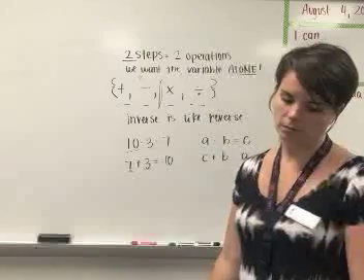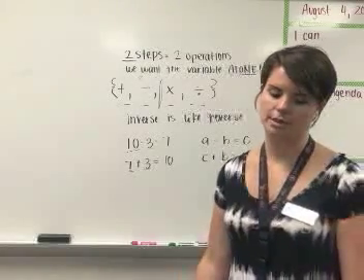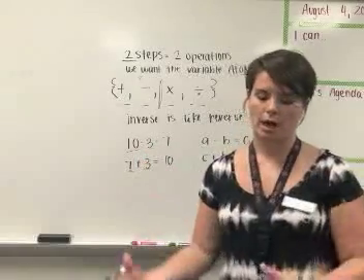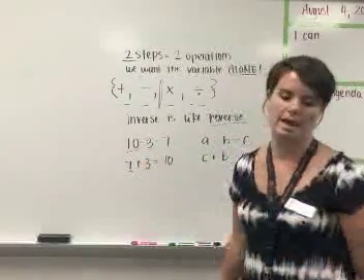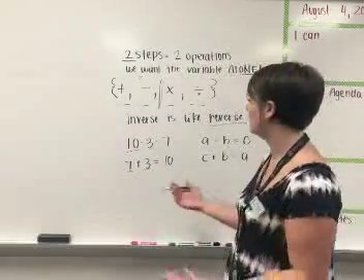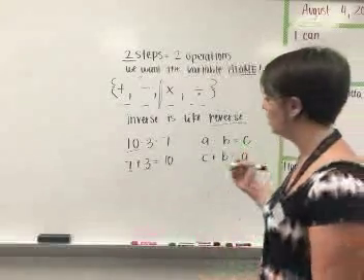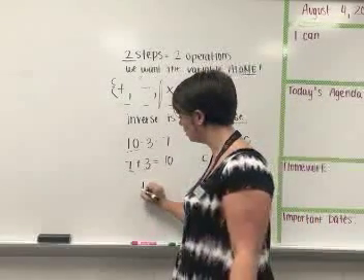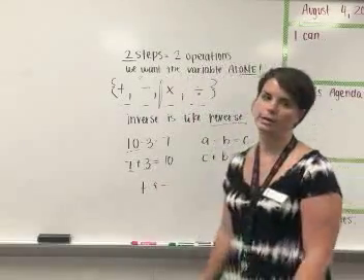So, let's talk about this. When we're doing inverse operations, we're doing the inverse or the opposite, right? We're doing the reverse. Now, on the left side of this, we subtracted 10, right? That's the inverse of addition. So, addition and subtraction are inverse operations.